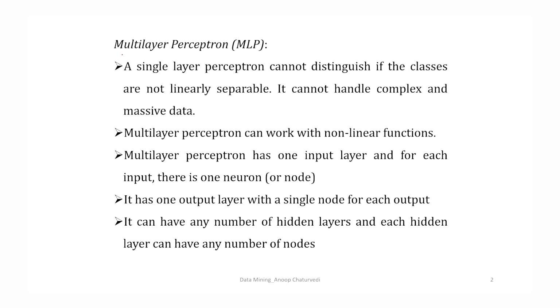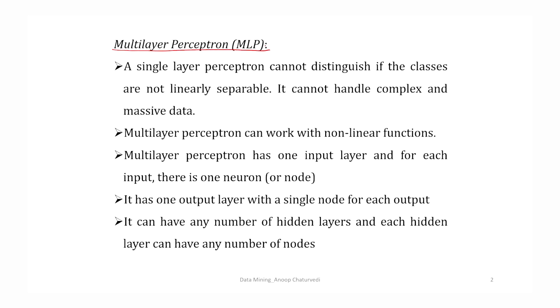So, in this lecture, we will discuss the architecture of multi-layer perceptron and its learning rule. We will also discuss the multi-class classification problem in this lecture. So, multi-layer perceptron.